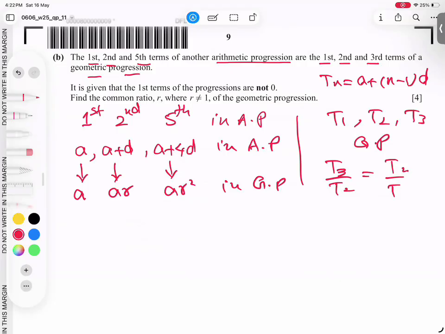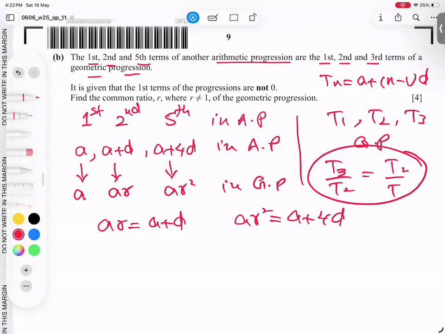Now I can equate them: ar equals a plus d, and ar squared equals a plus 4d. Rather than using the formula, I can work with this as well, making a subject and solving them simultaneously.